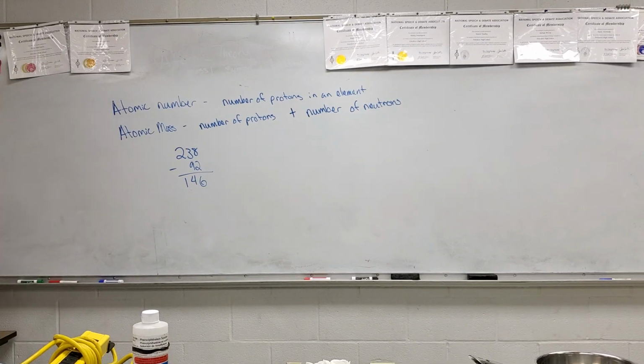So that's how you figure out how many neutrons there are in that particular isotope of uranium. Uranium, like all elements, can have multiple masses, depending on what isotope it is. We'll talk about isotopes later when we get to the periodic table. Any questions about that? All right.